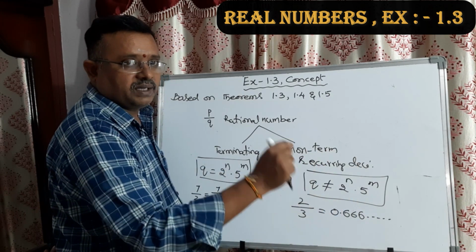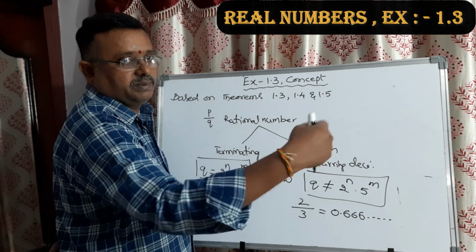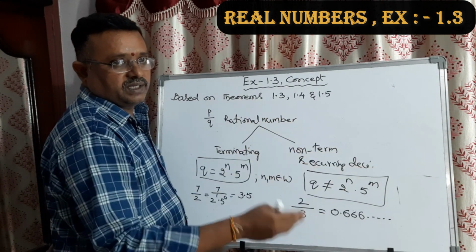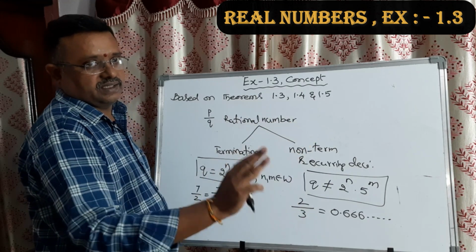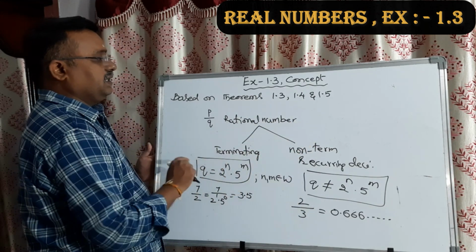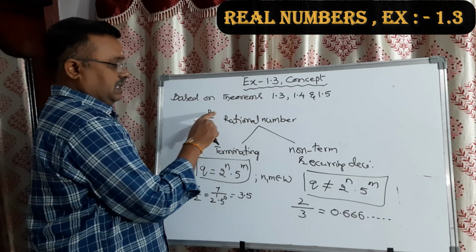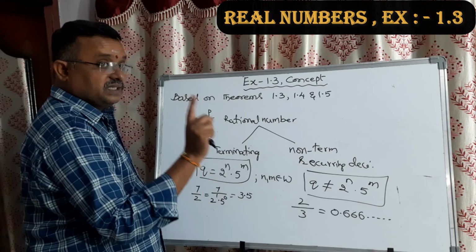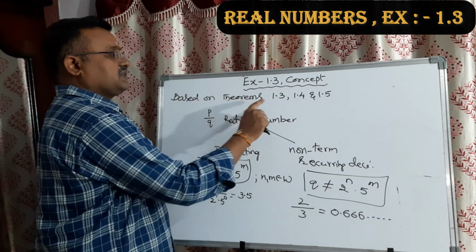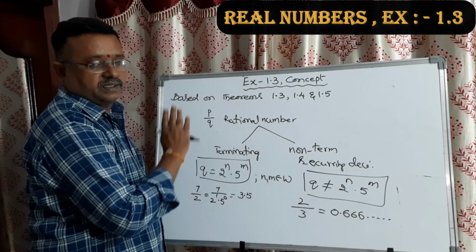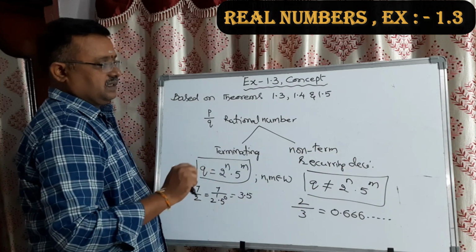It does not end, but the decimal part digits will be repeated. One digit may be repeated, 2 digits may be repeated, 3 digits may be repeated, like that. This is the simple decimal representation of a rational number, using the theorem statements 1.3, 1.4 and 1.5, totally explained. Is that clear? Right.